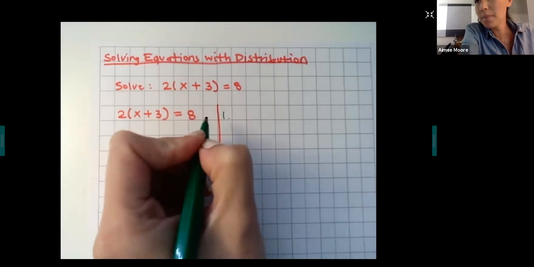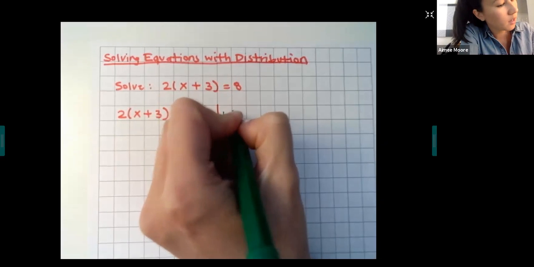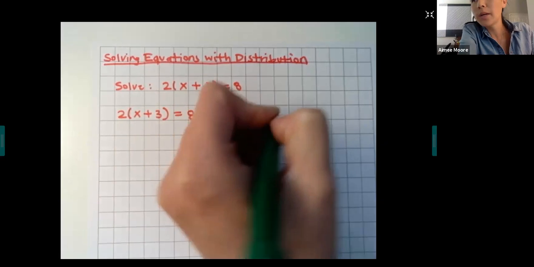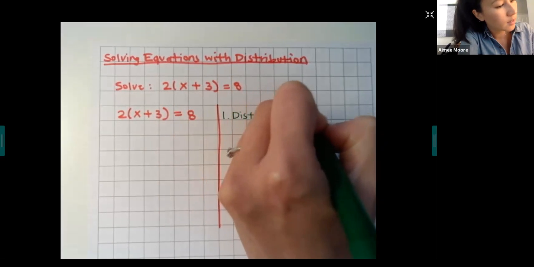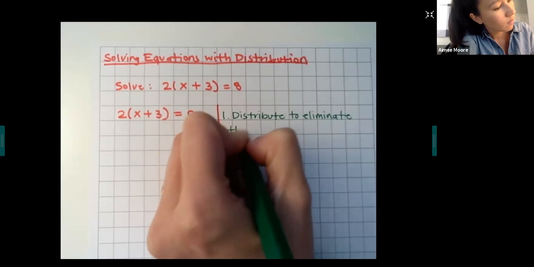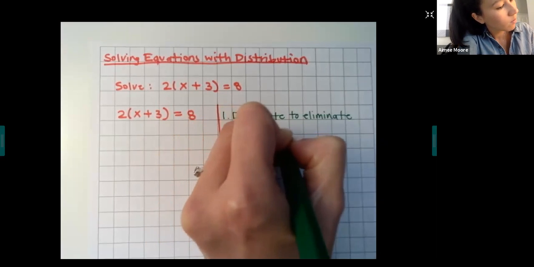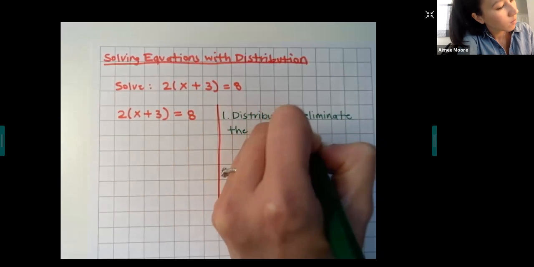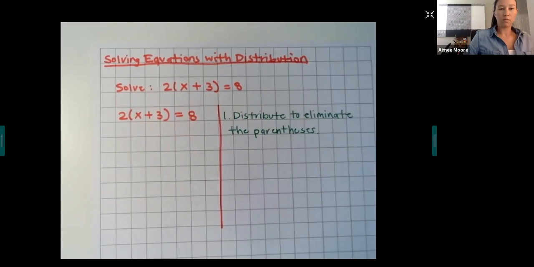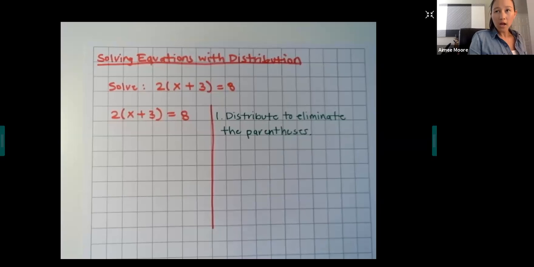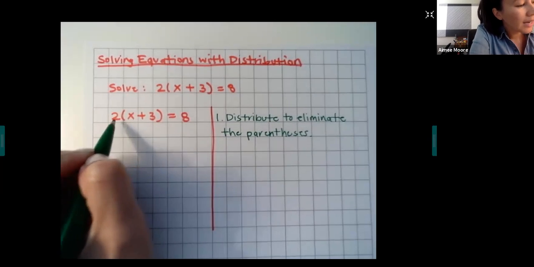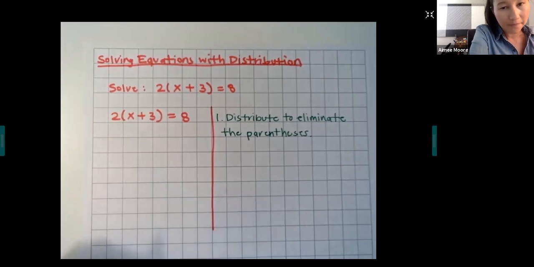So our first step is we're going to distribute to eliminate the parentheses. Okay, so the 2 has to get distributed to everything inside the parentheses.